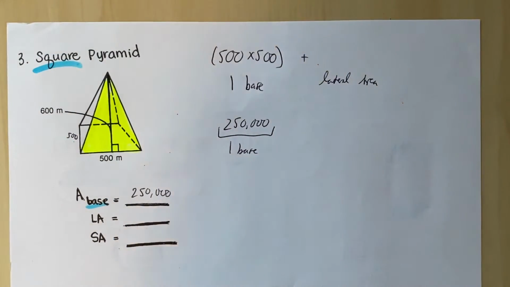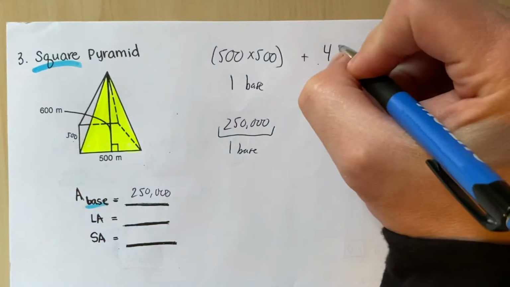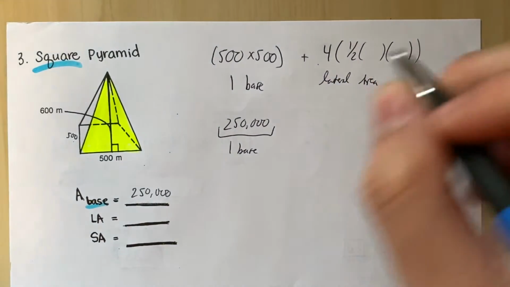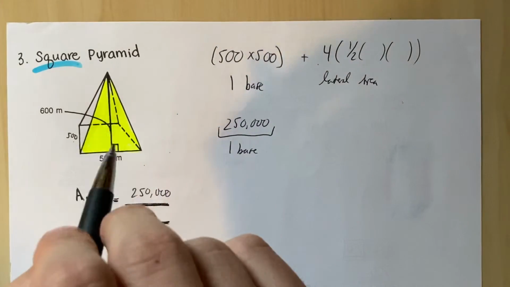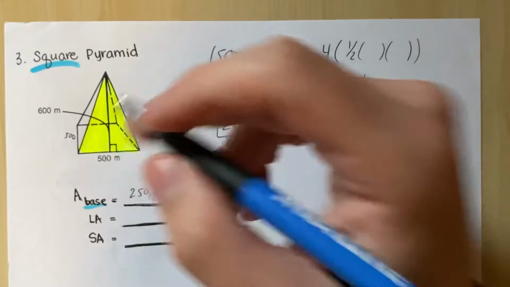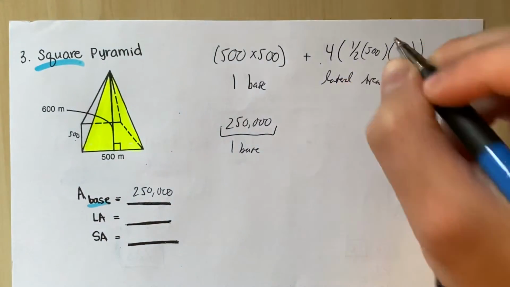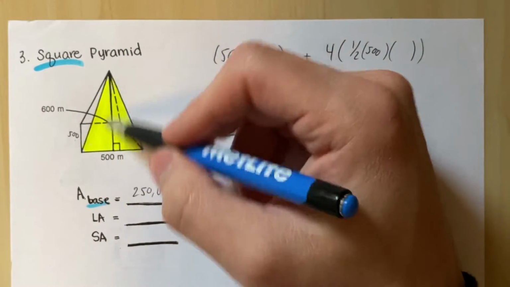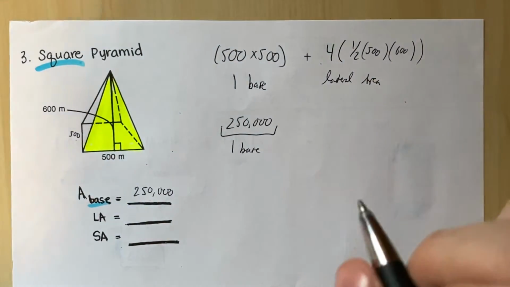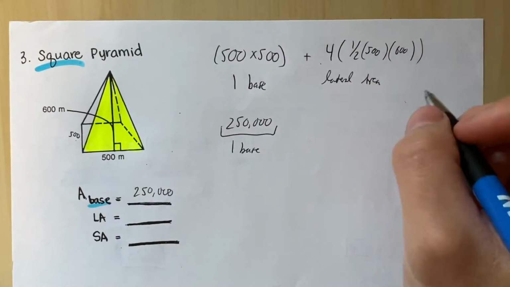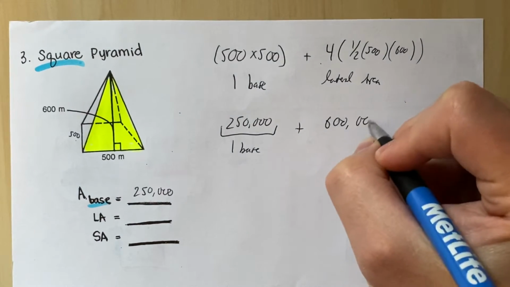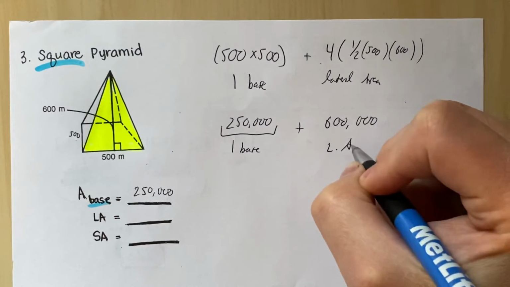So remember, you have 4 of this, half times base times height, because we have 4 triangles. Okay, well, we have half. The base is clearly 500. And the height of this they're actually giving us is 600. So that would give us the lateral area, which would be 600,000. That's the lateral area.